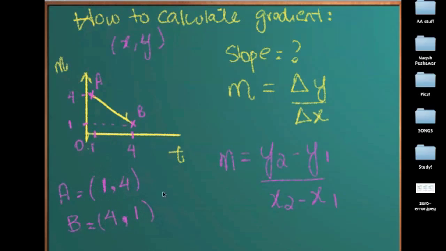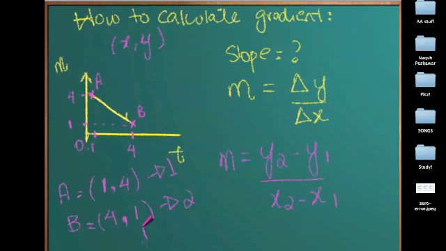So now the formula says y2 minus y1 over x2 minus x1. First you will have to make sure which one is your 2 and which one is your 1. I am taking this as my point number 2 and this as my point number 1.